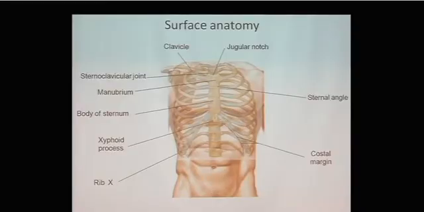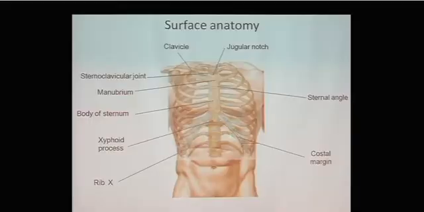Now, if you just keep going inferiorly or down toward the floor, you'll feel a bump. Everybody feel that? That's the sternal angle, or the manubriosternal junction. That's here. So there's the manubrium, and there's the sternal angle, or the manubriosternal junction. And the reason I point that out is because attached to that manubriosternal junction is the costal cartilage of the second rib.